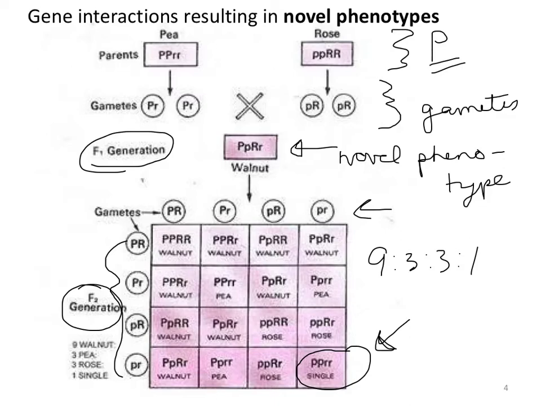Single and walnut were not present in the original parental generation, so they're considered novel phenotypes in this study. While Mendelian inheritance explains the genotypes, it doesn't really explain the underlying phenotypes properly. So this is a very classic example of where we know that gene interactions can result in novel phenotypes, but as I said a moment ago, we don't know the molecular basis underlying this particular genetic story.